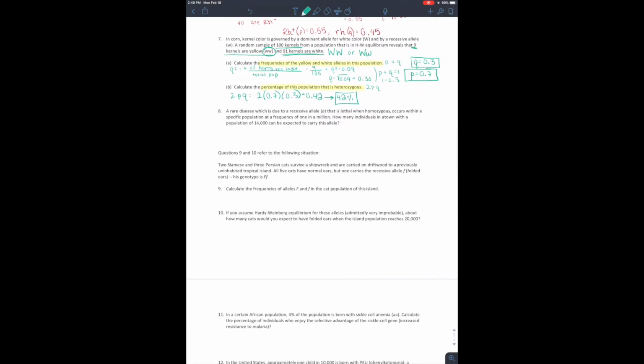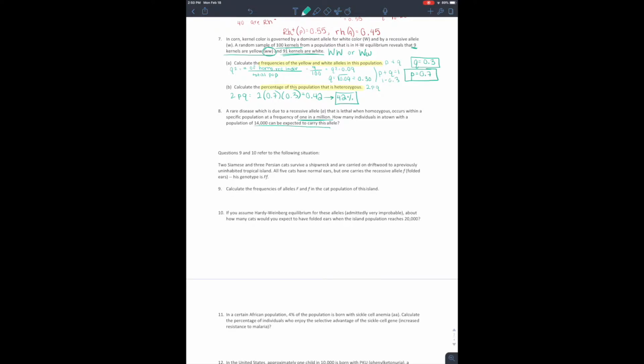Number 8, a rare disease which is due to a recessive allele that is lethal when homozygous occurs within a specific population at a frequency of 1 in a million. How many individuals in a town with a population of 14,000 can be expected to carry this allele?